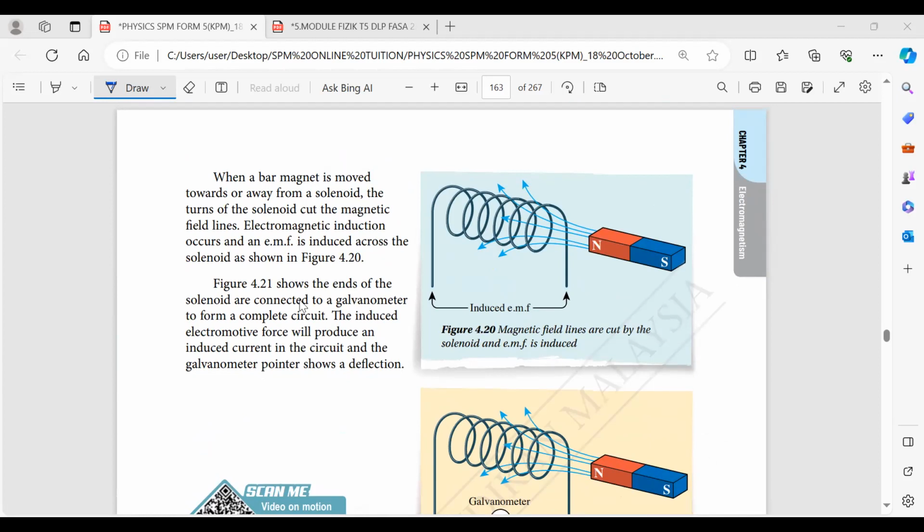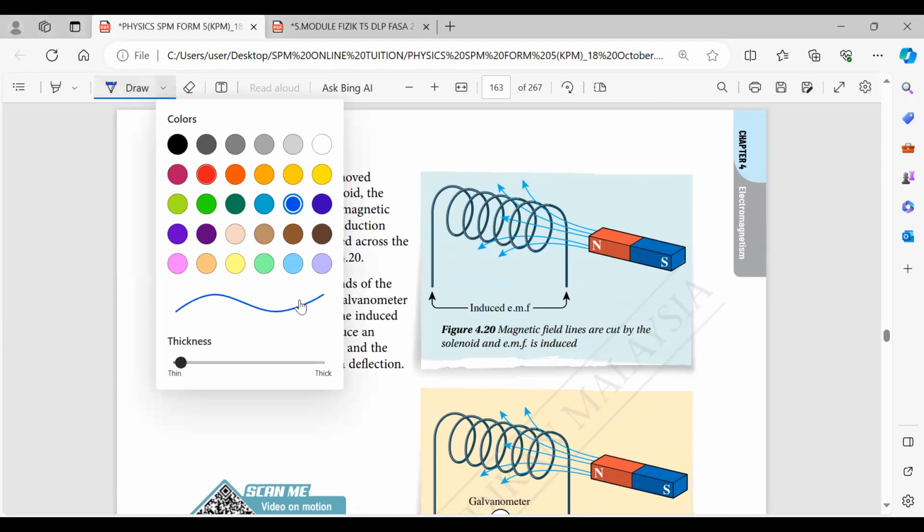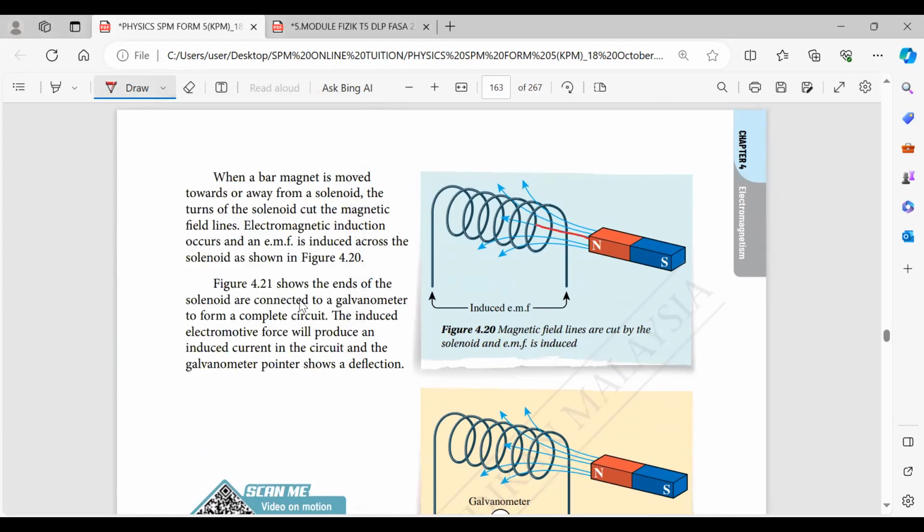This is a bar magnet, and the bar magnet has magnetic field lines. So when you move that magnet, what happens? This coil is going to cut the magnetic field. When they cut the magnetic field, there is a change in the flux.